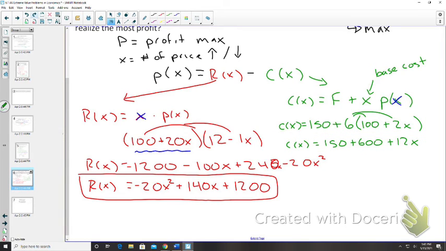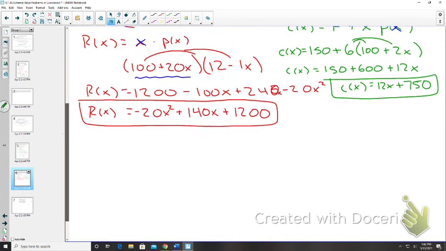Okay, so we have 150 and 600, so that will give me 12x plus 750 is my simplified cost function. Okay, so now that I know my cost and revenue functions, we can combine them into the profit function.